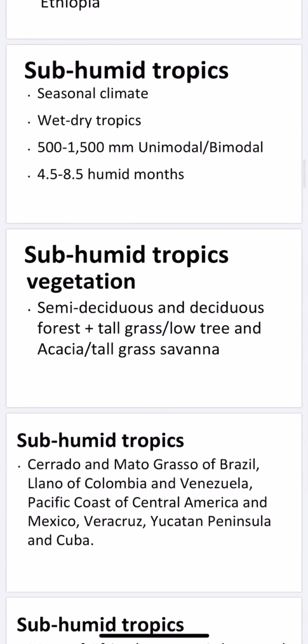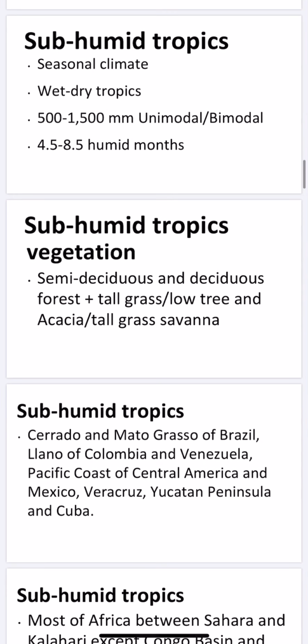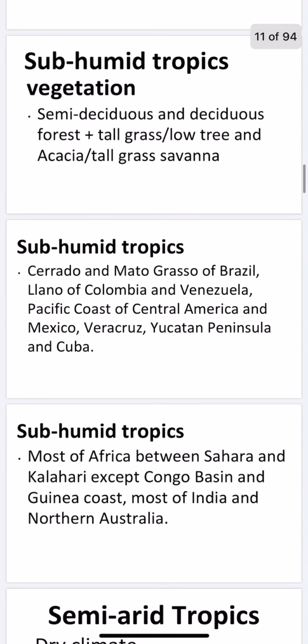And subhumid tropics involve seasonal climate with a wet to dry tropics with only about 500 to 1,500 millimeters of rain, unimodal or bimodal, and with 4.5 to 8.5 humid months. And the subhumid tropic vegetation includes semi-deciduous and deciduous forests. When we say deciduous, these are trees whose leaves fall down to the ground, and then they have green shoots again after a while.